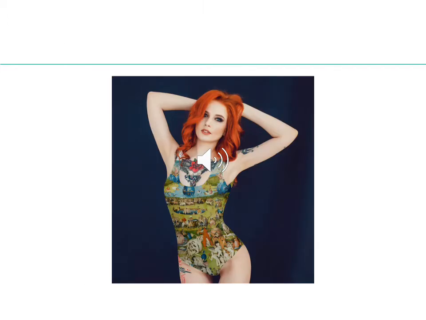For any of you who are Googling Hieronymus Bosch's Garden of Earthly Delights, you may have come across this image, which is what? A model in a bathing suit patterned directly on Garden of Earthly Delights.